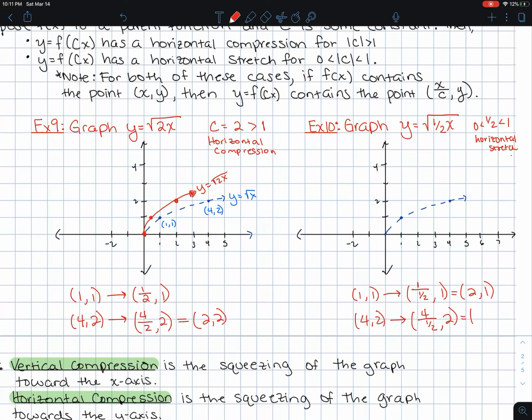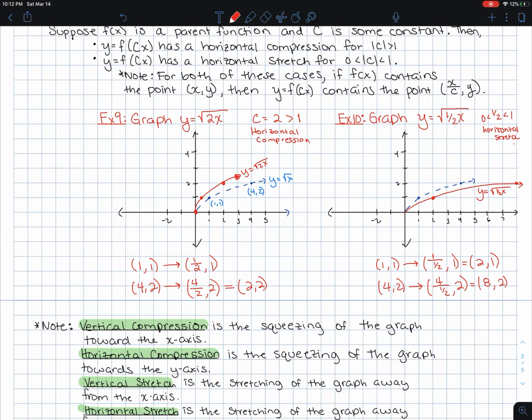And again, dividing by 1/2 is the same thing as multiplying by 2. So we have (8, 2). And let's go ahead and plot those new points. (8, 2). And there we have our new function.